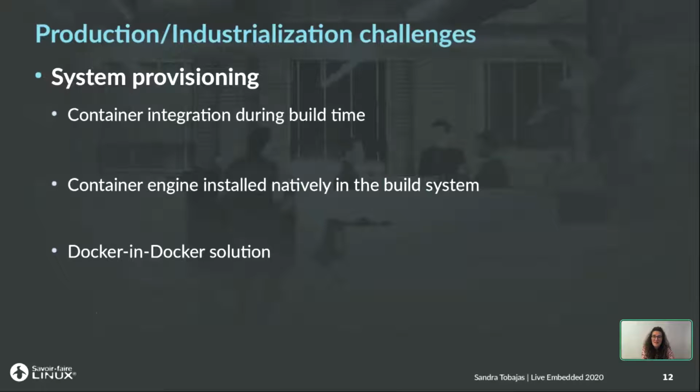In our case, the container engine, Podman or Docker, will be installed in the build container. However, a solution such as Docker in Docker or Podman in Docker has to be integrated into the build process as well as Yocto and brings several concerns.